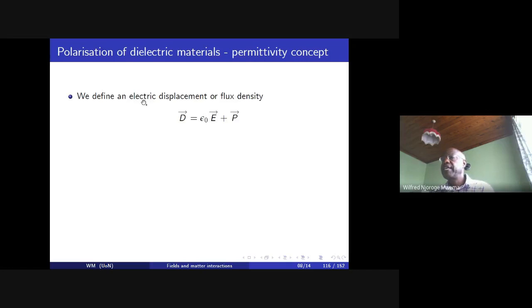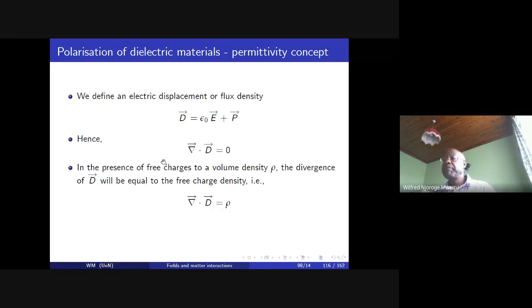We therefore define an electric displacement or flux density D to be expressed as epsilon naught E plus P, the polarization. And hence, for a perfect dielectric without free charges, we have that the divergence of the electric displacement is going to be equal to zero.